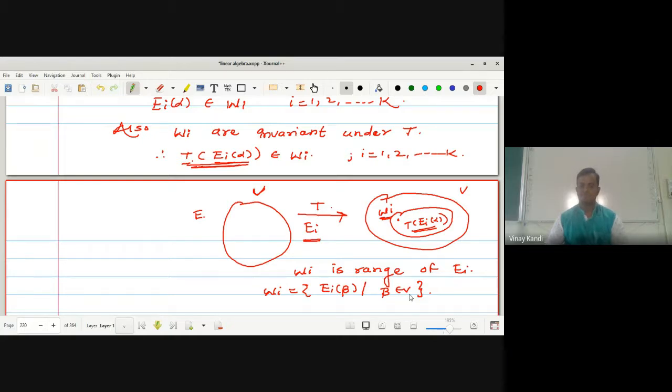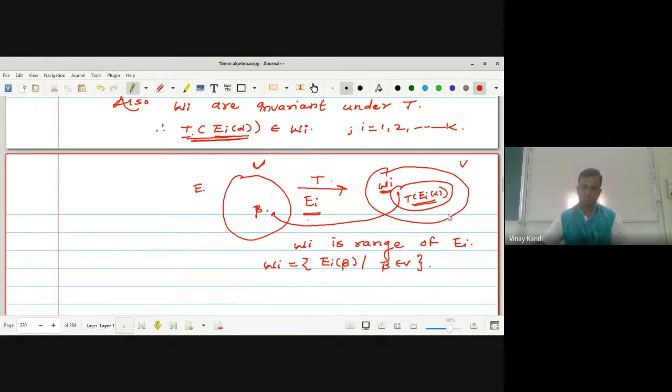Yes, sir. So for this element, there must be a pre-image, that is beta. Why? Because this element belongs to Wi, and Wi is the range of Ei. That means Ei of beta is equal to T of Ei of alpha. Is it correct? Yes, sir.